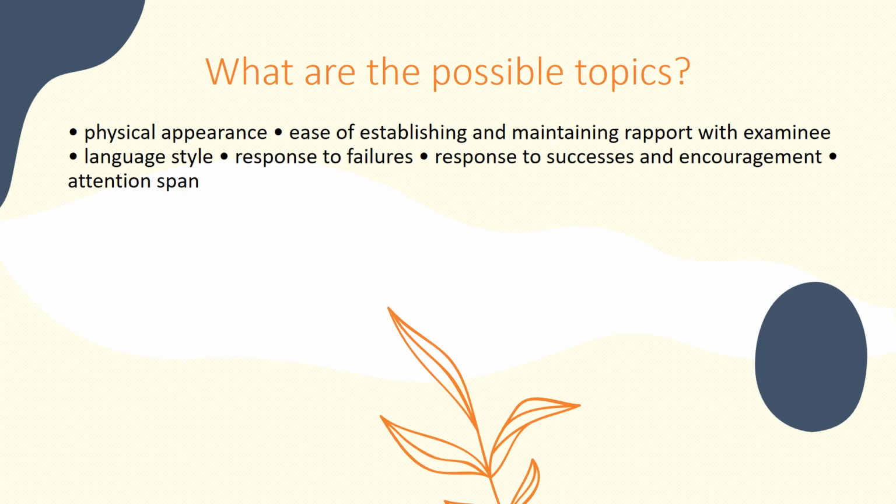Next is the attention span. A person's attention can also vary throughout the evaluation. The person may be attentive during the beginning of the assessment but have trouble sustaining attention throughout the evaluation. Attention may also vary according to the type of task.